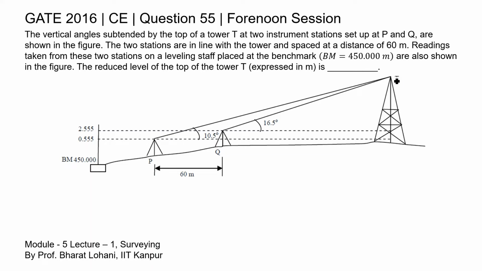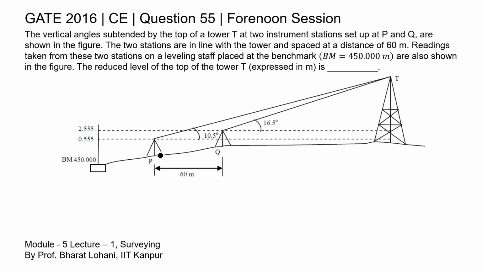So, in this question a tower is given. The vertical angles subtended by the top of a tower are taken from two stations P and Q, and the angles from P and Q are 10.5 degree and 16.5 degree respectively. These two stations P and Q and the tower, all three are in one line.